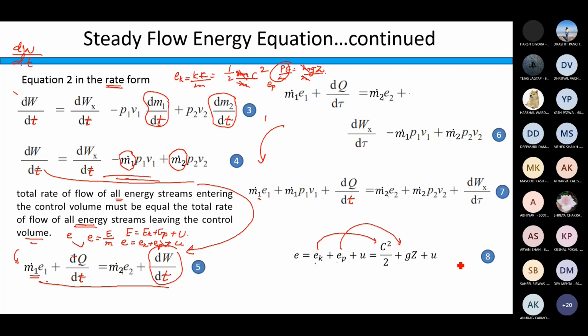So use this substitution to replace the small e here, e1 and e2, using this expression. Just add the suffix: if you are replacing e1, you will write C1 square by 2 plus g z1 plus u1, and if you are replacing e2, you will write it like this. So use those substitutions and rewrite equation 7.